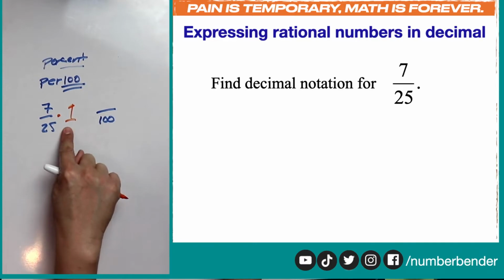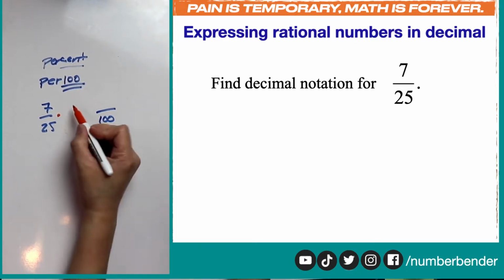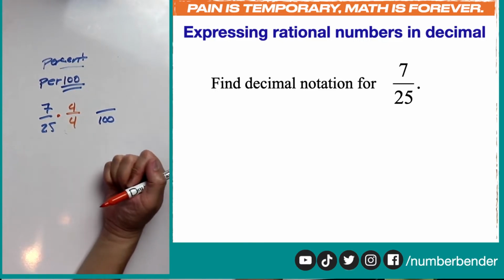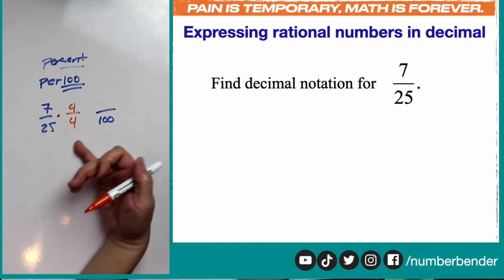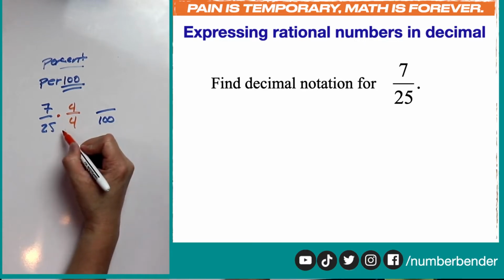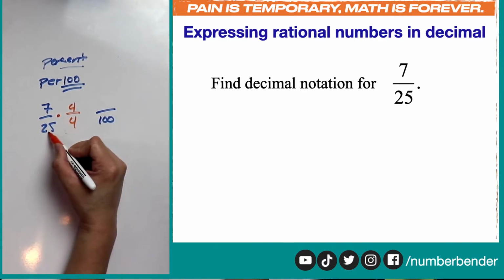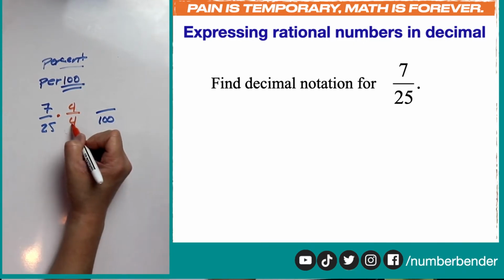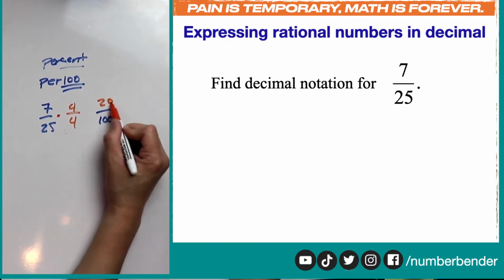But there is another way that we can represent 1 in fraction form, and that is 4 over 4. Why did we use 4 over 4 in this fraction? Because if we multiply the denominator by 4, it will equal 100, and 4 over 4 is equal to 1. By multiplying 7 and 4 together, we'll have 28 over 100, or 28 per 100, or 28%.